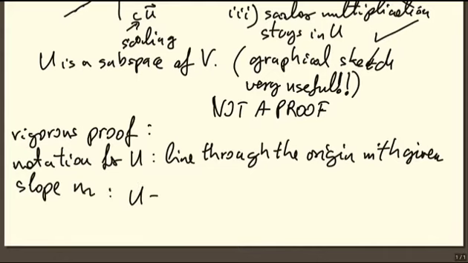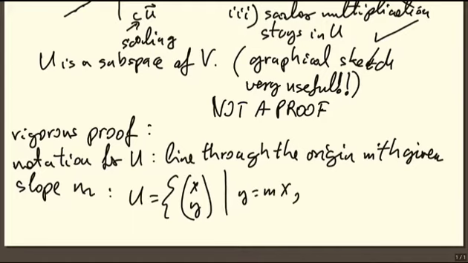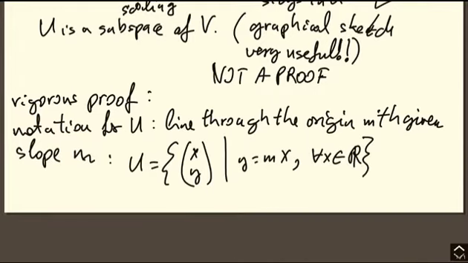m. So the notation would be, for example, using the vector notation (x, y) vectors, where y is m times x, and this is true for all x real numbers. So the xy coordinates of the line have this property that y is m times x.